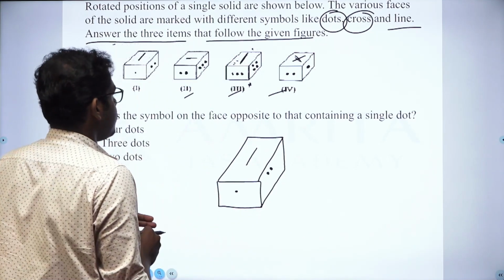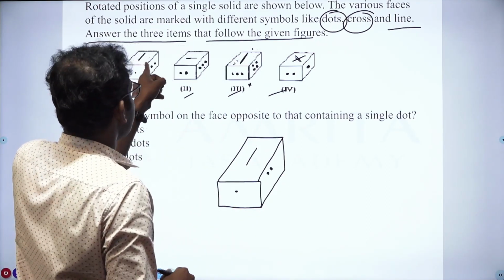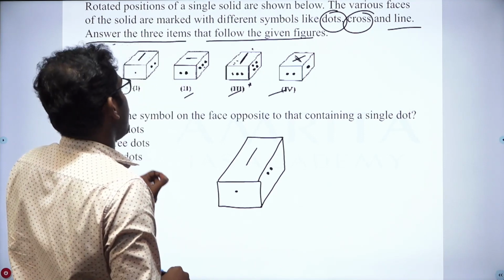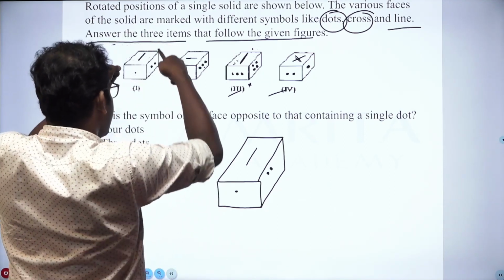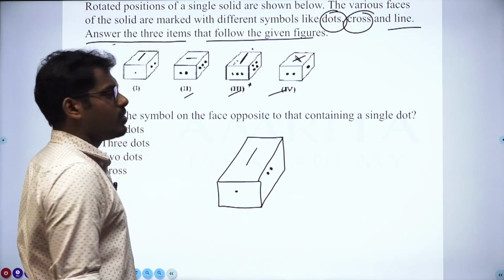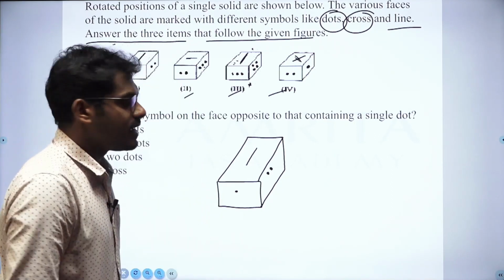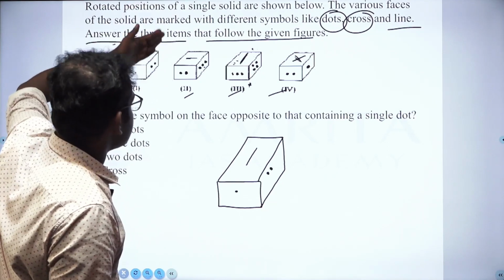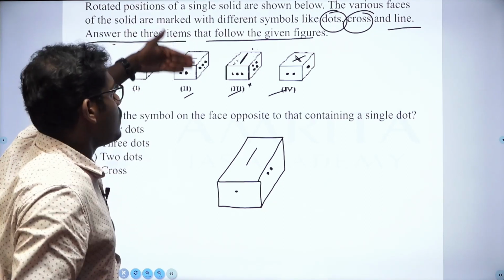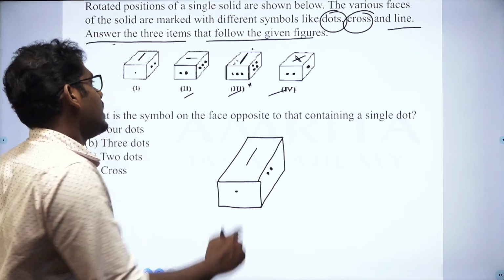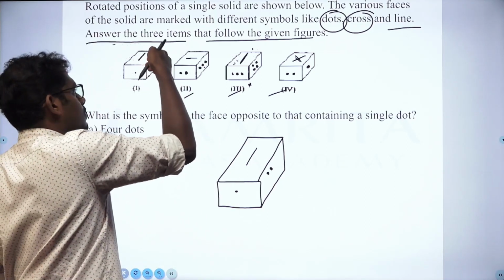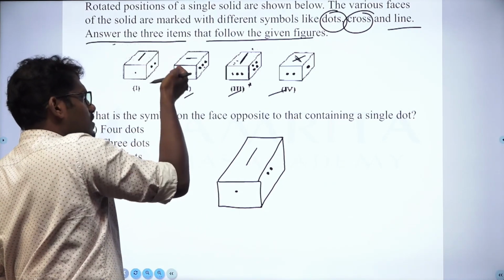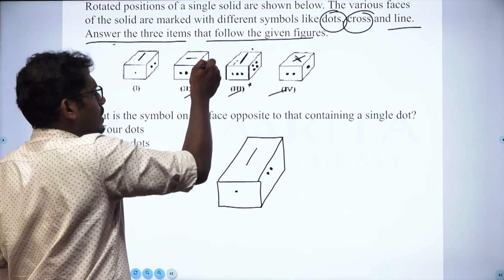I am repeating once again. This figure is changed into this by rotating this die 90 degree towards right, or rotating once. Then these 2 dots which were at the right side of this cube come to the front face. When this 2 dot comes at the front face, what comes at the right face?